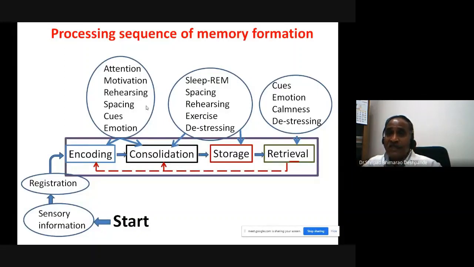If it is emotionally involved, if the amygdala is involved, then you remember that particular learning forever, because whenever that type of emotion comes, it is easy to recall these things. These two components, especially the cues and emotions, are very much essential when you want to retrieve them.